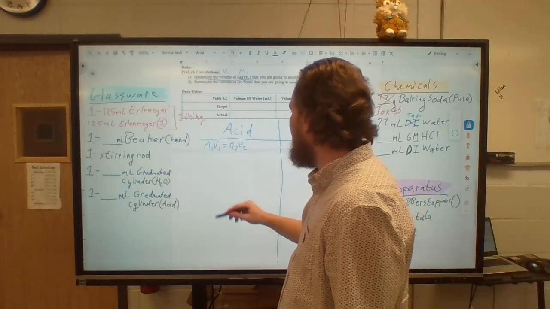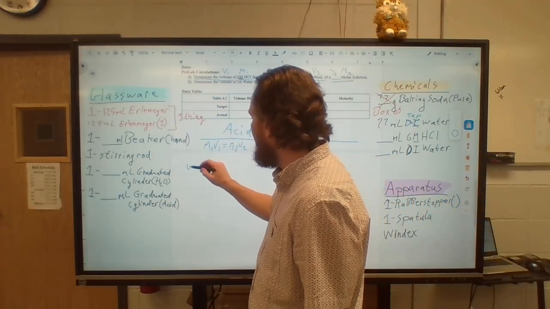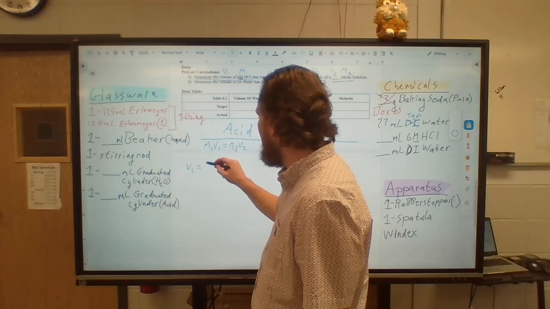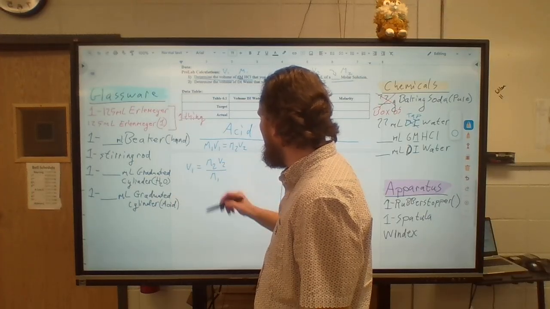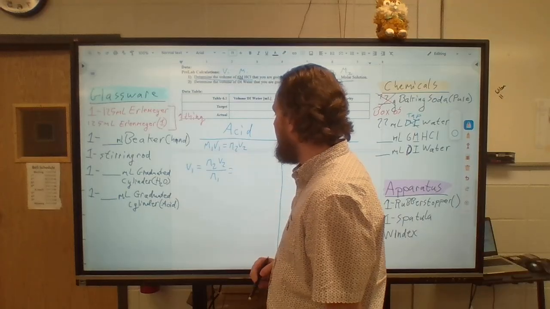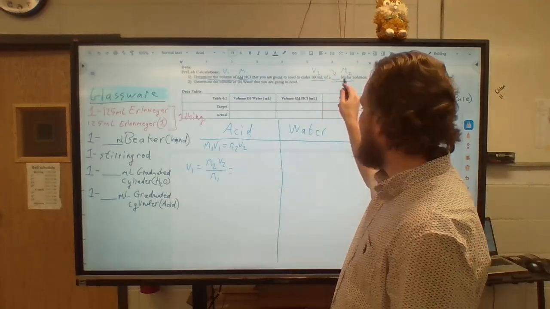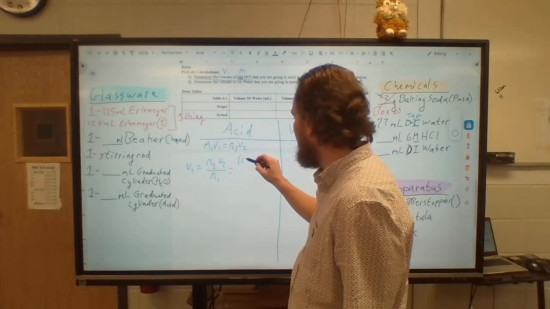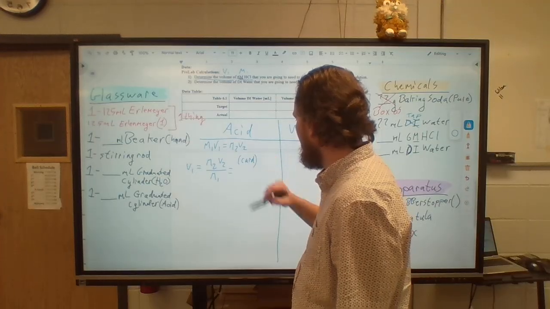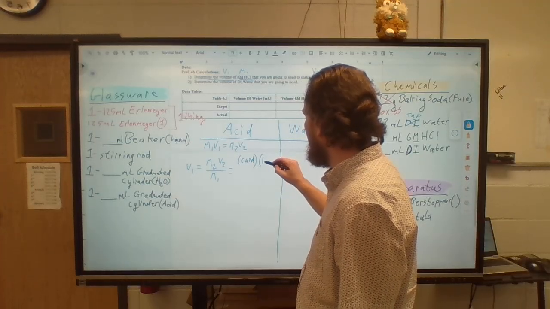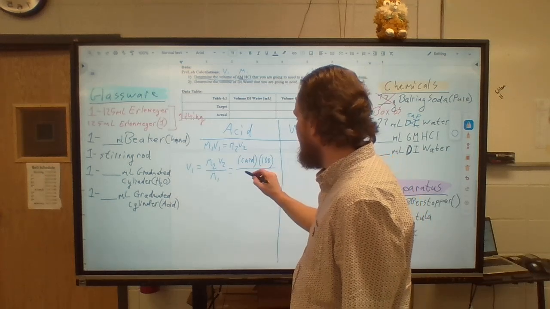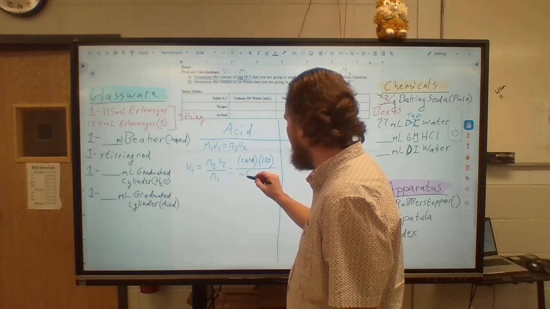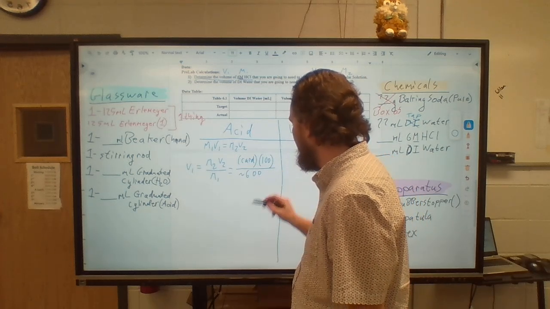So our equation here is V1 is equal to M2V2 divided by M1, or is equal to M2, which is your card, times V2, which is 100 milliliters, divided by M1, which we are going to assume is approximately 6.00 molar.